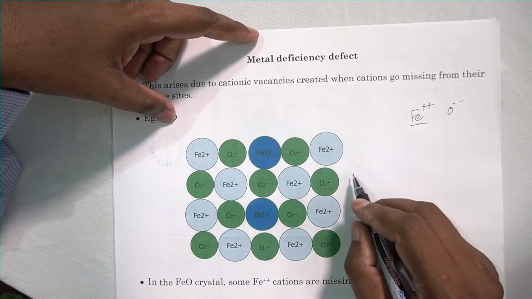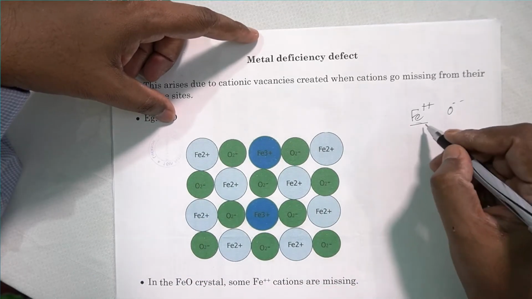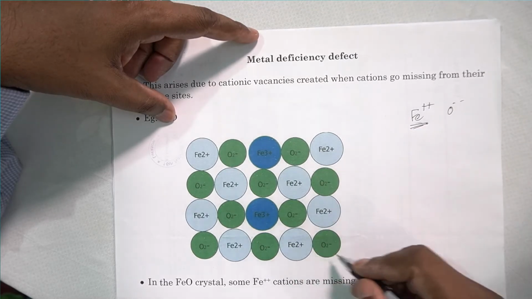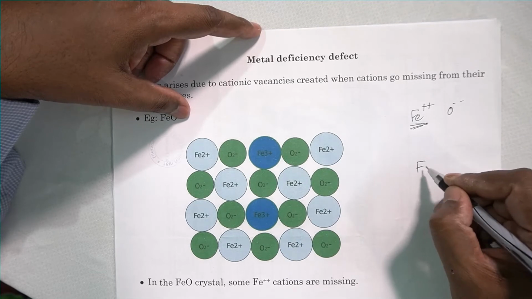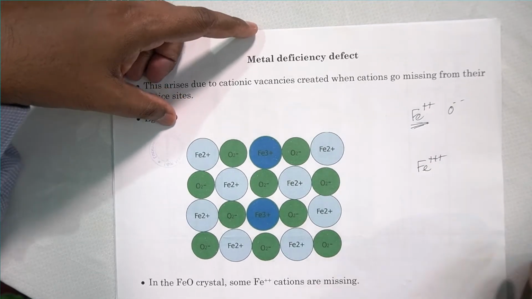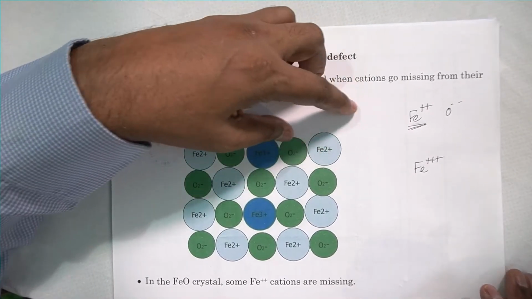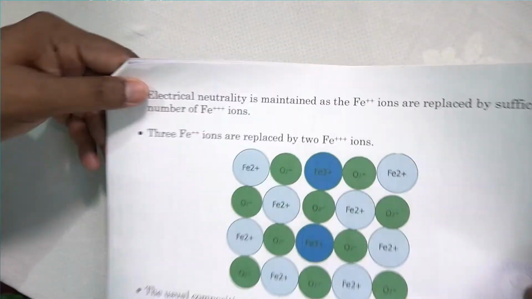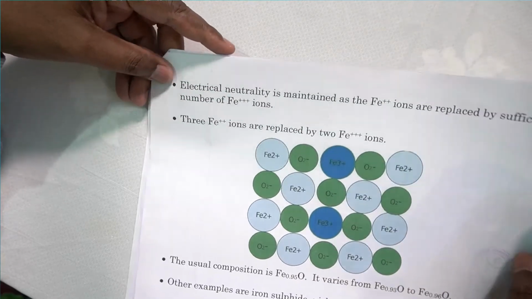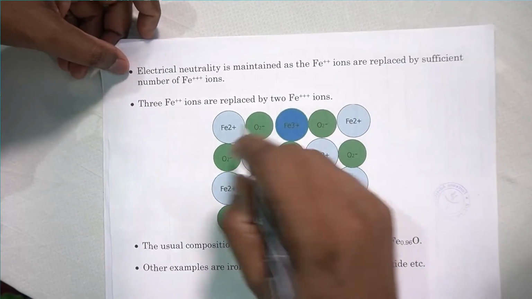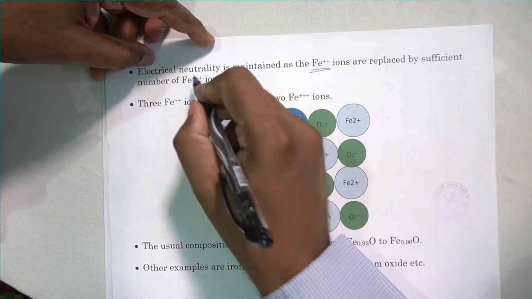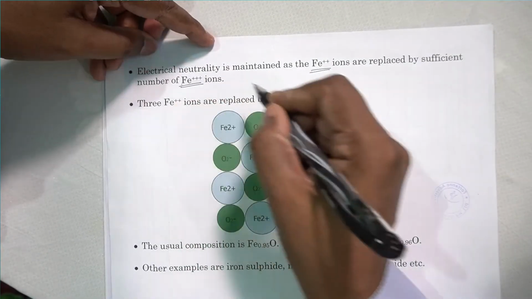Now sometimes Fe2+ ions go missing, and they are replaced by Fe3+ ions. Some oxidation is happening: Fe2+ gets replaced by Fe3+ ions. Let's see how it happens. The electrical neutrality is maintained. You can see Fe2+ ions are leaving and Fe3+ ions are coming.